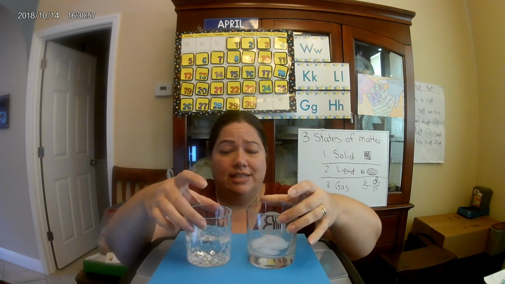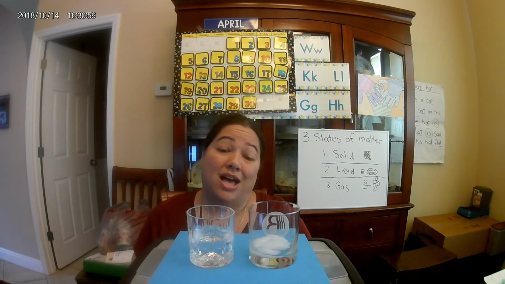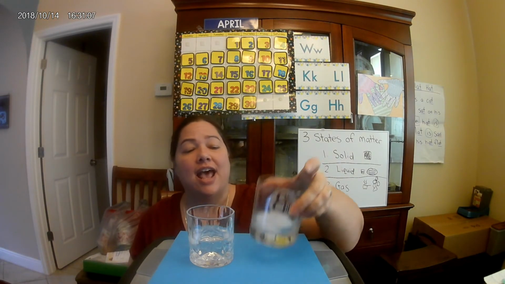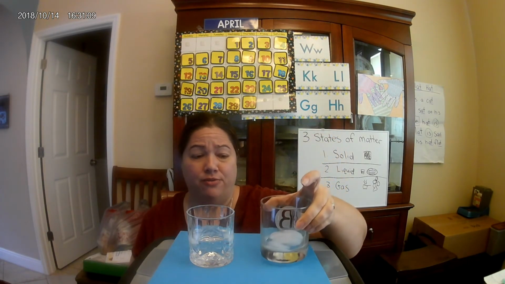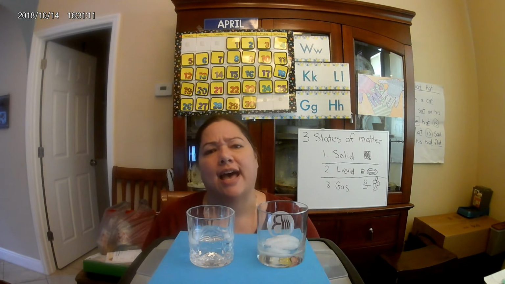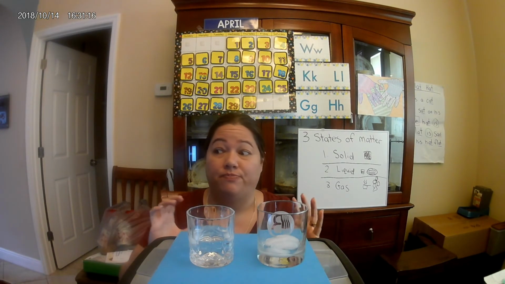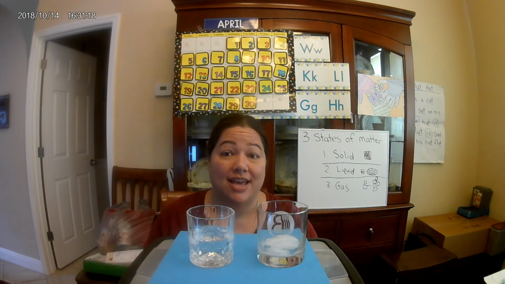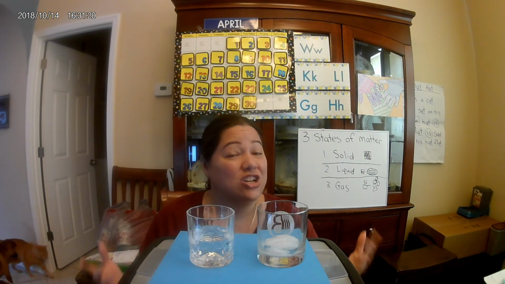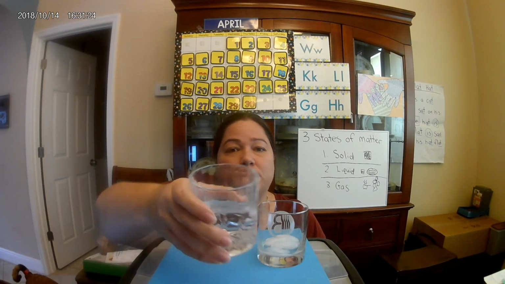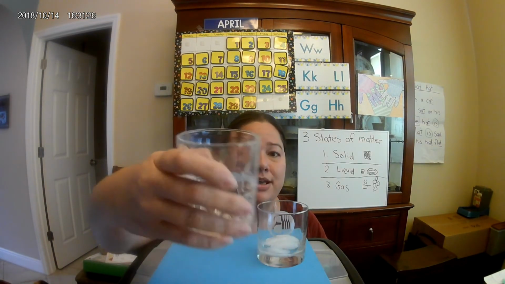So it looks like the warm water is melting our ice cubes much faster than the ice cubes just being here by themselves. Kind of like if you go outside with a nice cold drink and the sun starts to warm it up, right? Yeah, same thing. All right, so our ice cubes have almost completely melted in there.